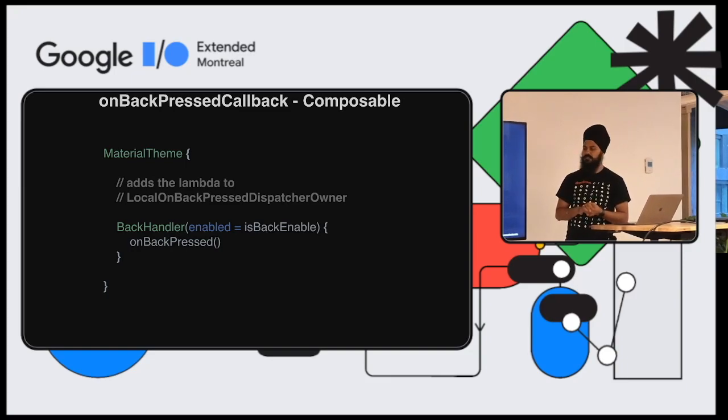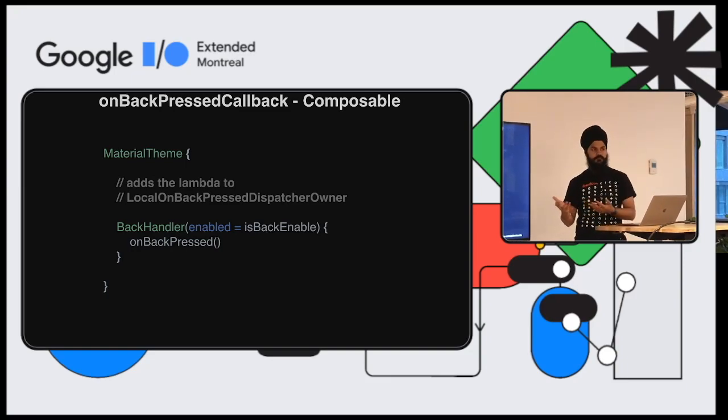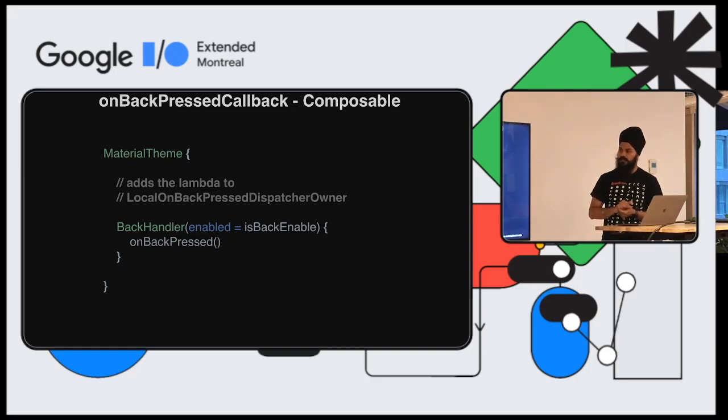It takes the enabled state, false or true, whatever you want, and then you provide the code you want to run. In this case, the lambda will be added to the local onBackPress dispatcher owner. It's basically a local context provider, so the closest context will get these callbacks. These callbacks will be added to the closest activity, where your composable is defined. You can learn more about BackHandler on this link.